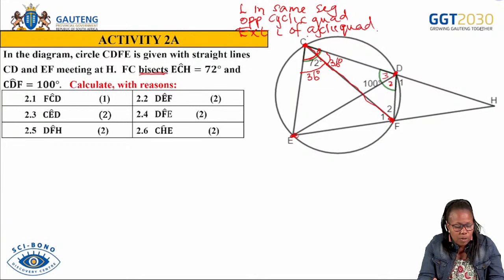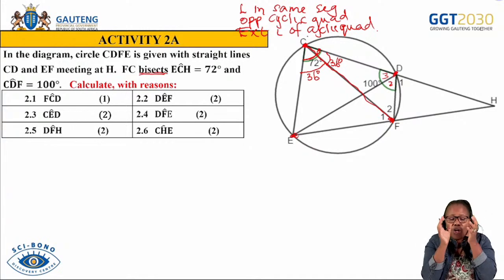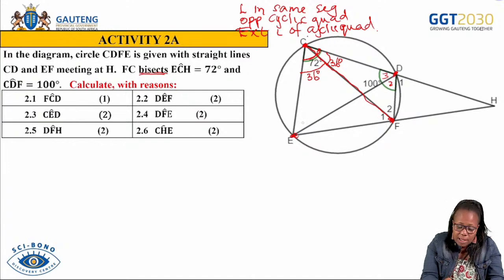Okay, 2.1, calculate FCD. Grade 12, you can name your angles. Remember, you will be having a diagram sheet. You can name your angles using numbers. You are more than welcome. That means it's E1, E2. Then you can say C1, C2. And then we have F1, F2. We can have F3 there.